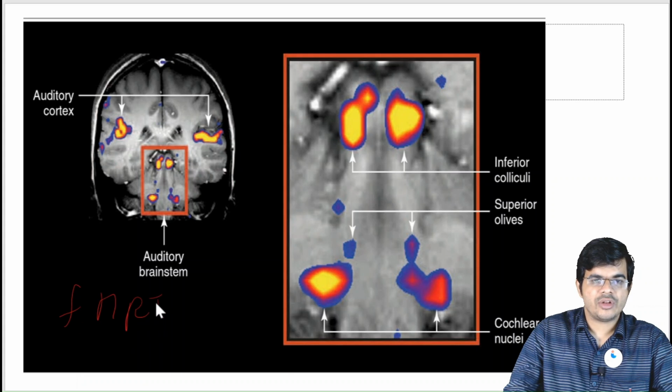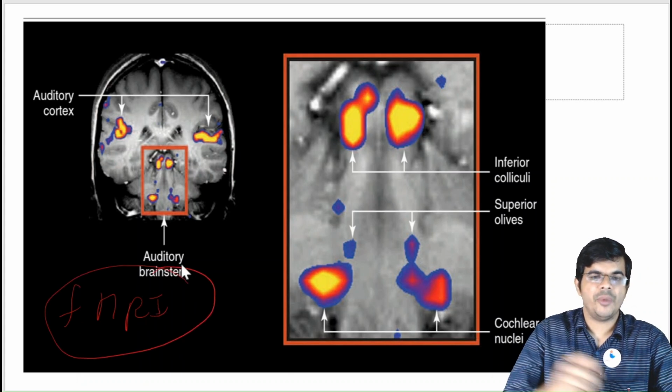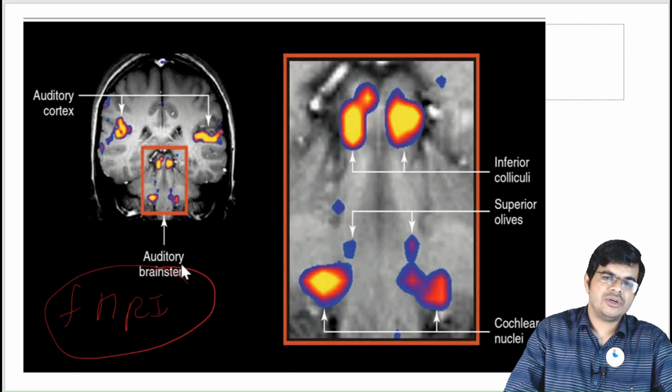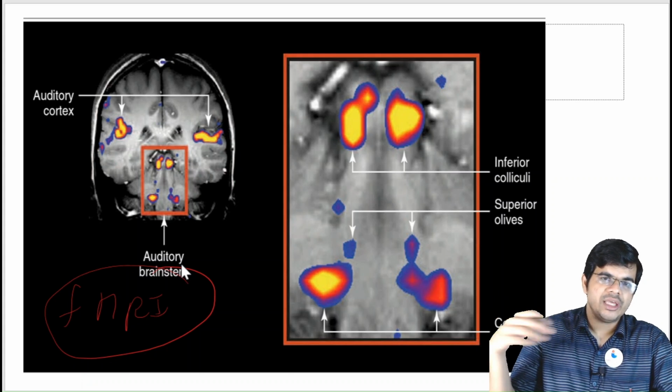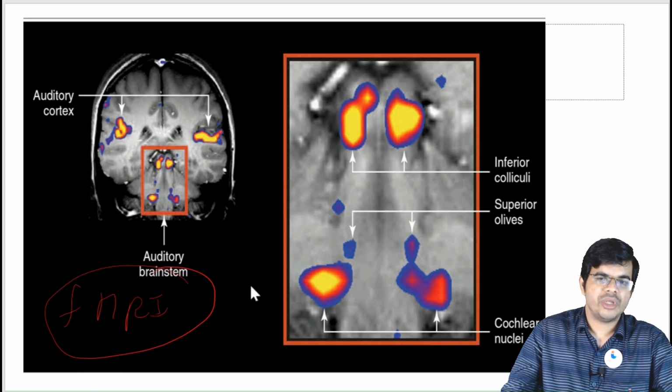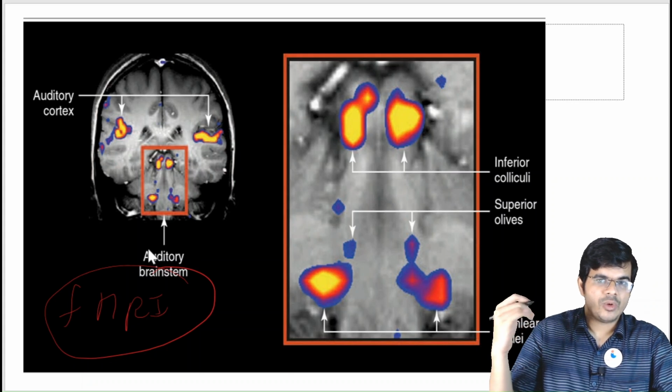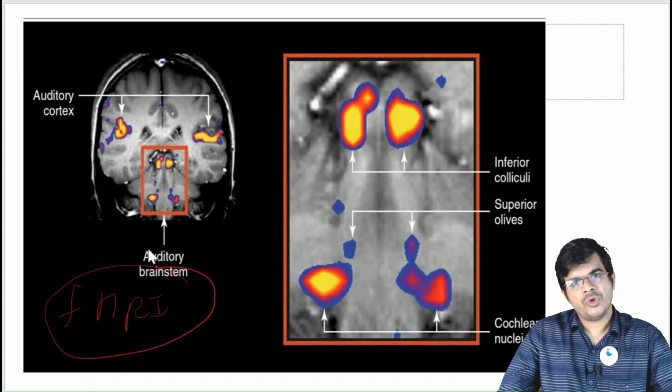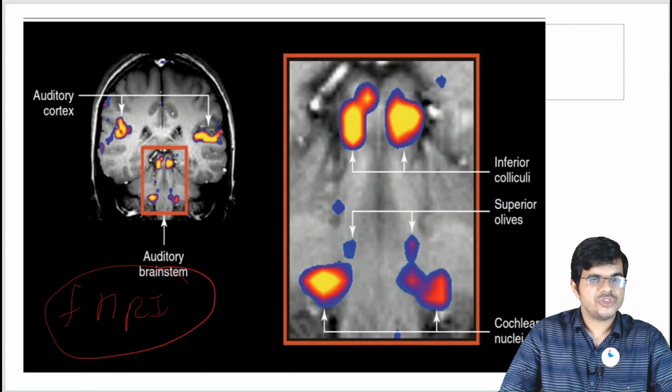When a patient is hearing a sound or music, and you are taking a functional MRI like this, you can see these areas getting stimulated, that is the areas of the auditory pathway, that is E. coli ma. Okay, so that's about the physiology of hearing.